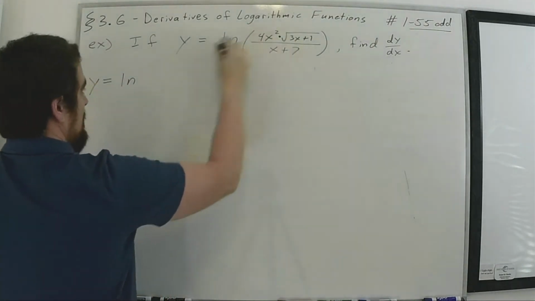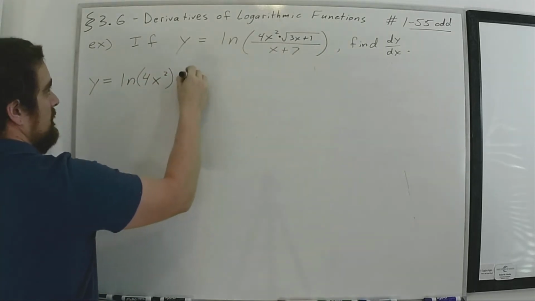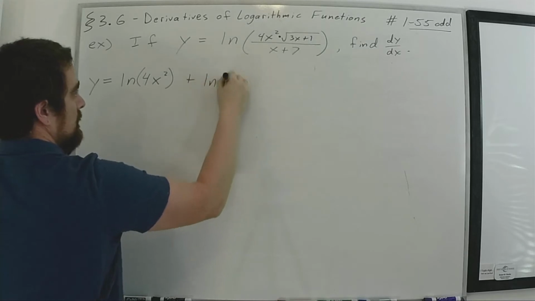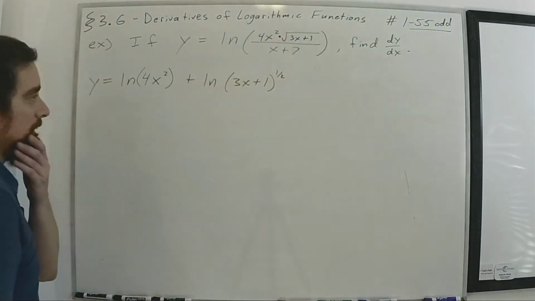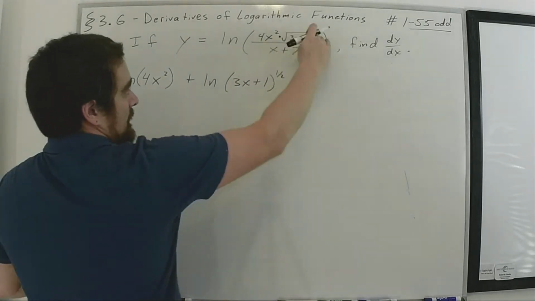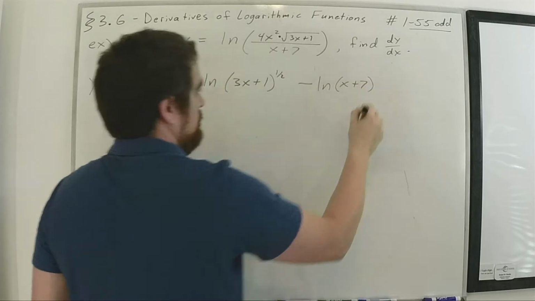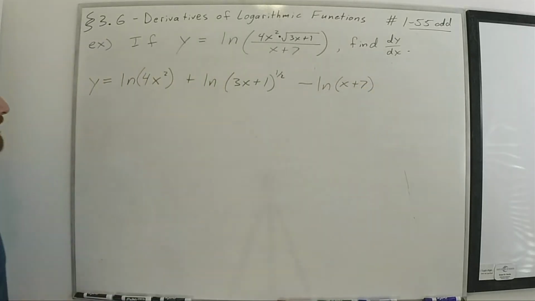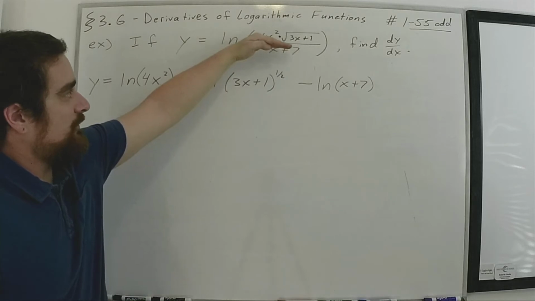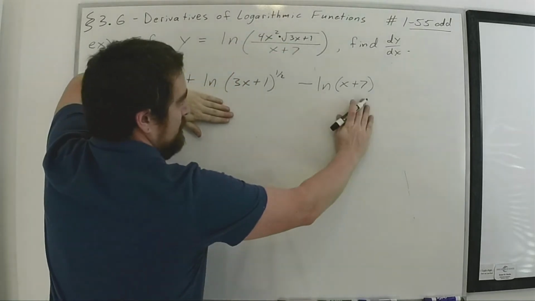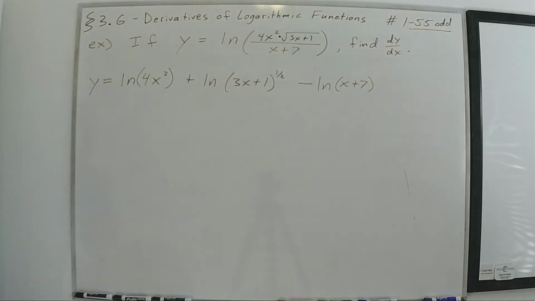So I'm going to add these logs, 4x squared in the argument, plus, and while I'm at it, I'm going to write this as a 1/2 power, because I don't like that radical notation. And then I'm dividing all that stuff, so I'm going to subtract log of x plus 7. So I did sort of two things at once. I saw the actual division, so I broke this up with subtraction, but then when I break that up, I'll still have this product. So I went ahead and broke that up with addition.